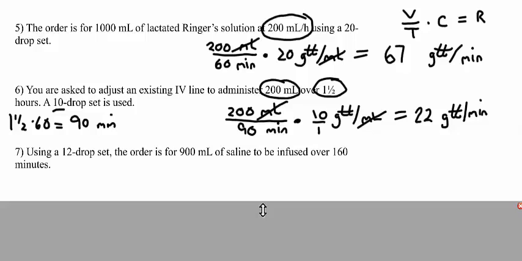Using a 12 drop set, the order is for 900 milliliters, so it's in milliliters already. Remember, if it was in liters, we would have to convert it to milliliters by multiplying by 1,000. But this was already given in milliliters.